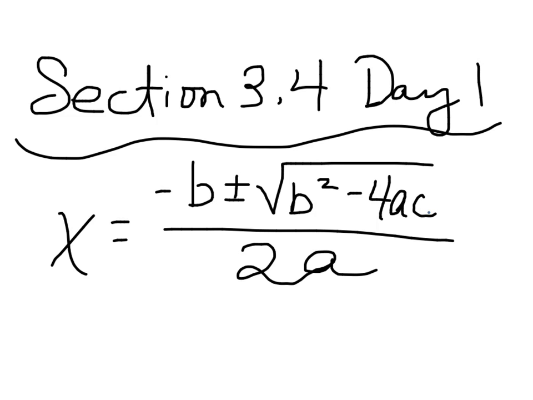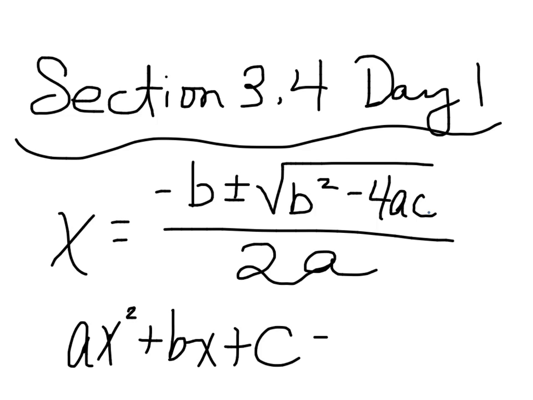So, this first part today, that's all we're dealing with. Now, just to remind you of where things are located. This is in the form of ax squared plus bx plus c equals 0. So, when you see the a, the b, and the c in the quadratic formula, that's where you find them.